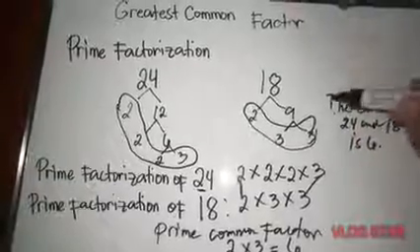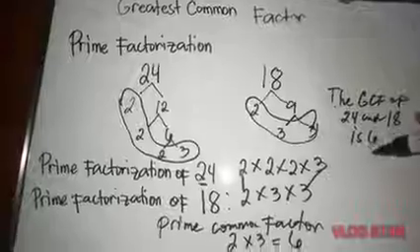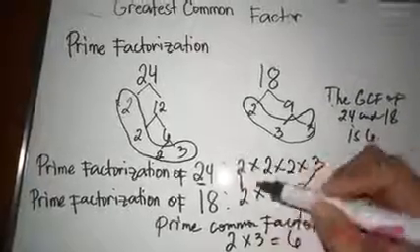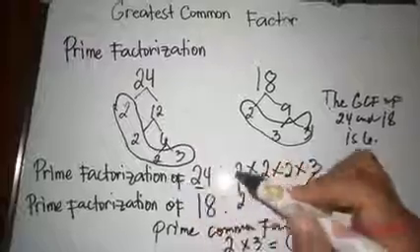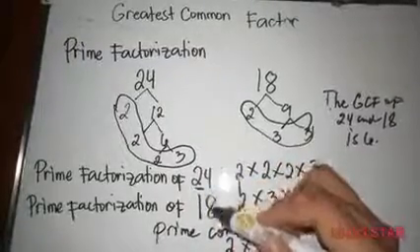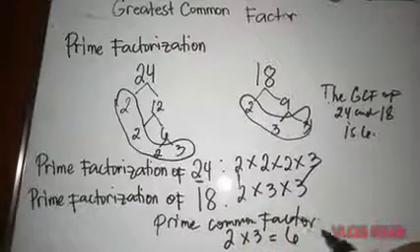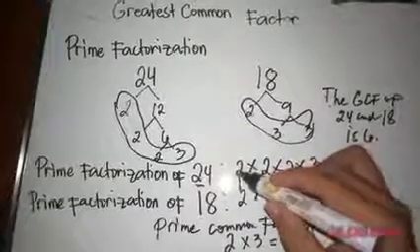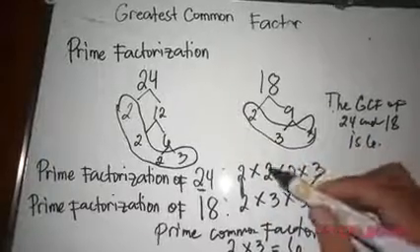I will repeat, the greatest common factor of 24 and 18 is 6. Just simply look at the prime factorization of the two numbers, then find the prime common factors. So we have 2 here, 2, 2. Next is 2.